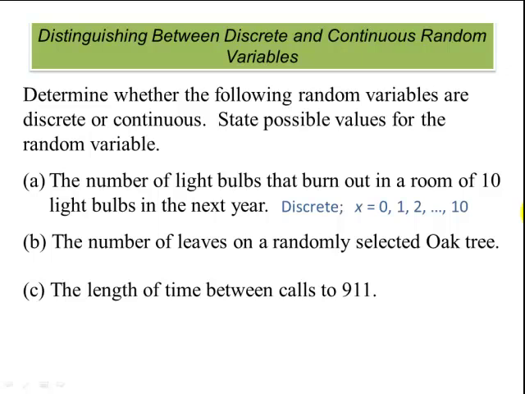The number of leaves on a randomly selected oak tree. Again, this is discrete, and the possible values could be 0, 1, 2, or it can go on and on and on. The length of time between calls to 911. This is continuous, and time, our random variable denoted by t, is greater than 0.